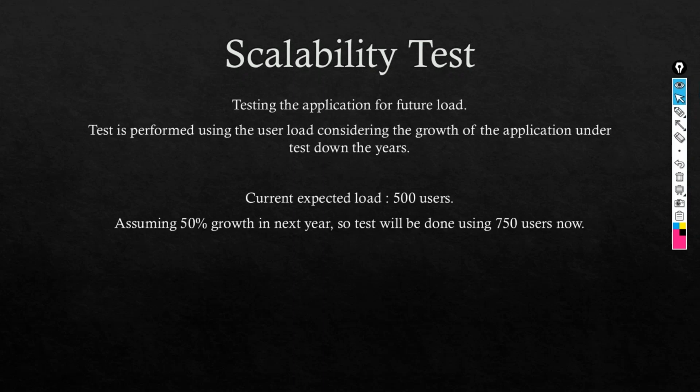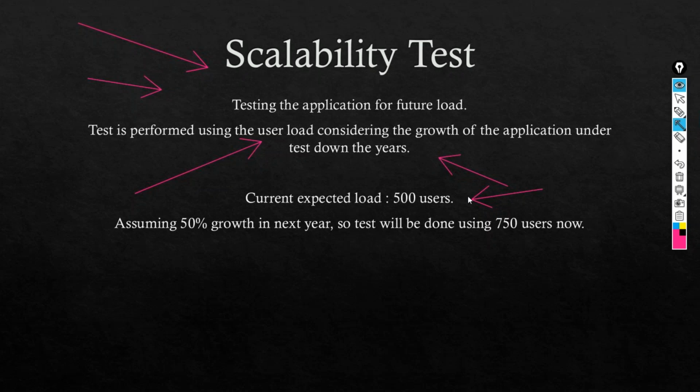So the next one is scalability. As the name suggests, this is testing the application for future requirements, considering future growth. The test is performed under the user load, considering the growth of the application over the years. Let's say today you are performing a load test with 500 users.